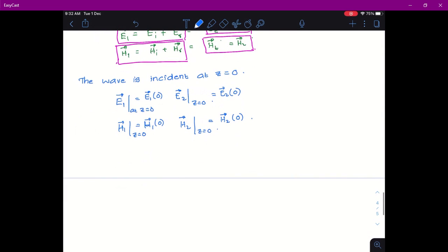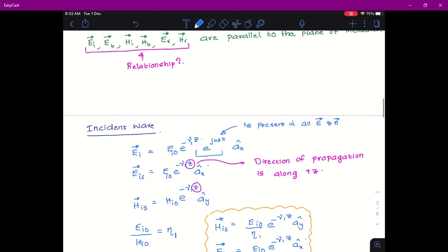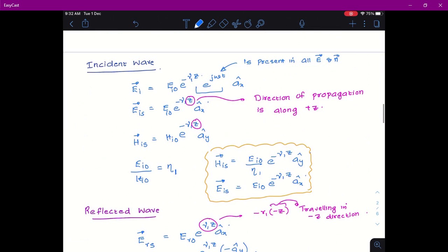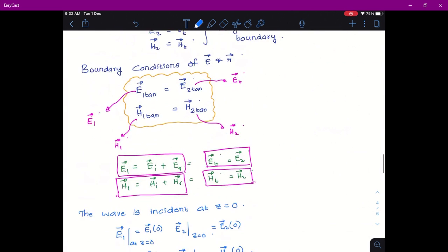Okay. So E1 of 0 is equal to, let's look at this, E1 of 0 is EI0 plus ER0 from this equation.